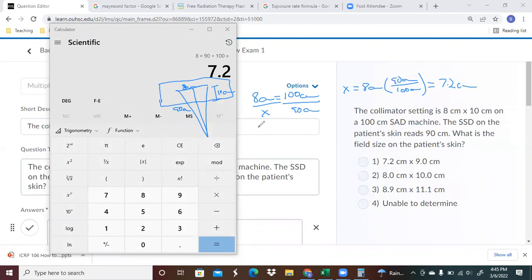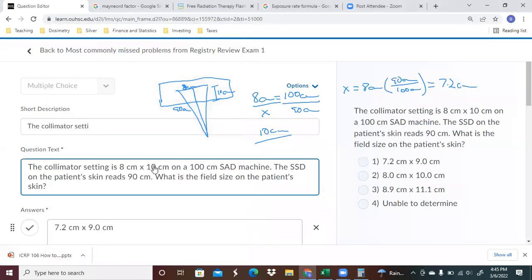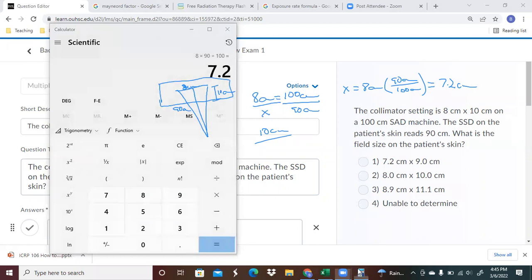Same thing goes with the 10 cm field. We're going to use the same thing there, and I'll just call that direction variable y.